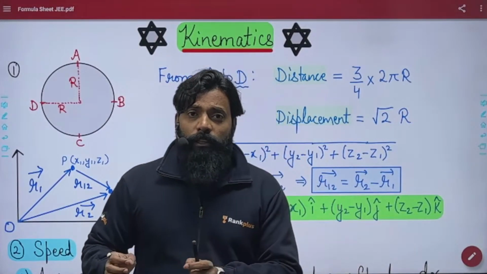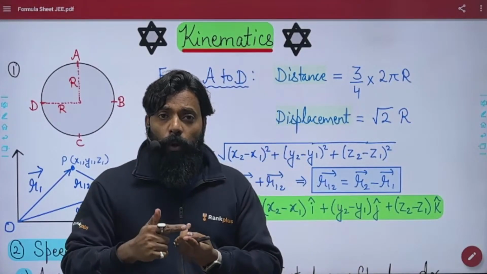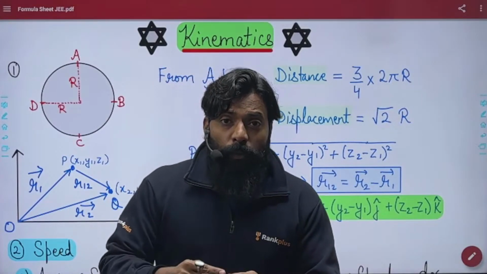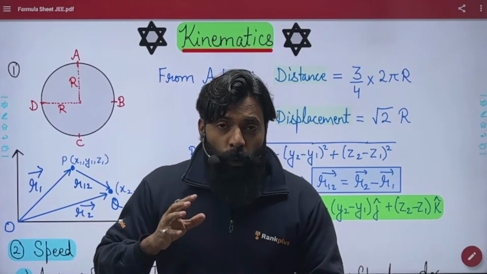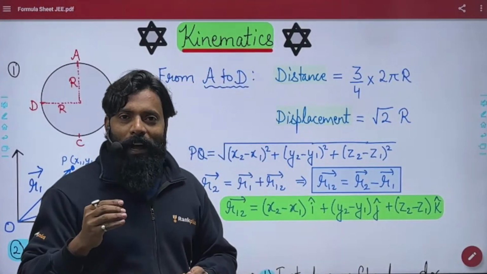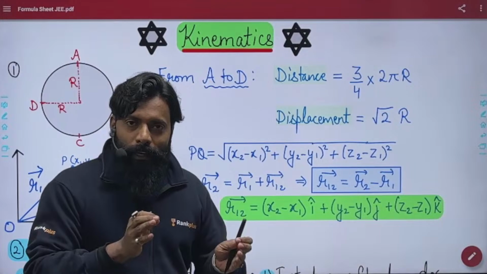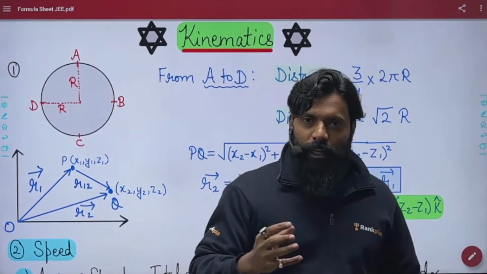In today's session, I'm going to show you the formulas which are very important for your JEE exam. This formula sheet is so important, and I would say that this is the best formula book you can have for your JEE preparation.